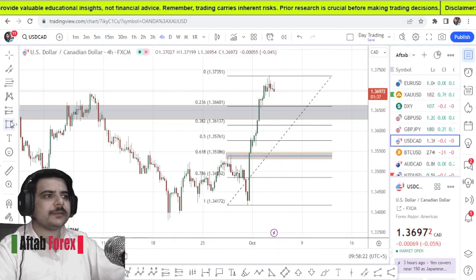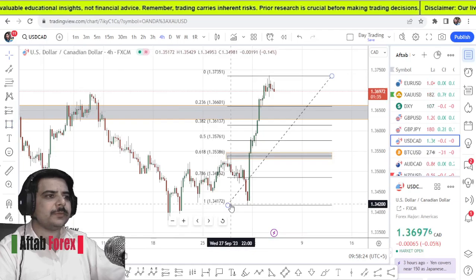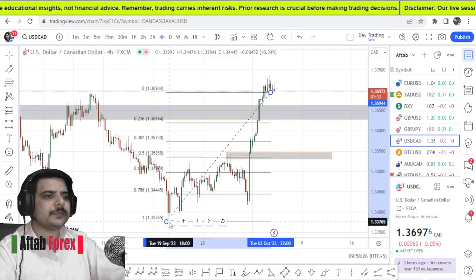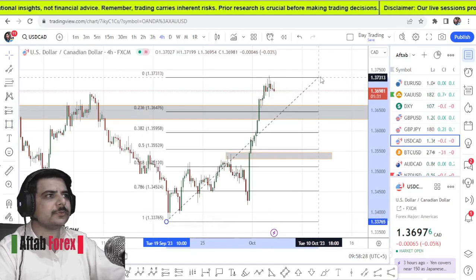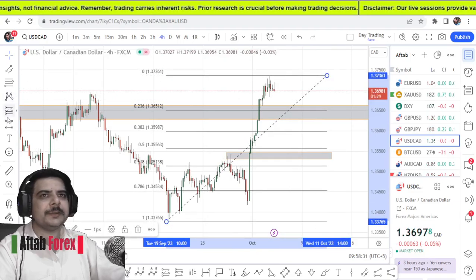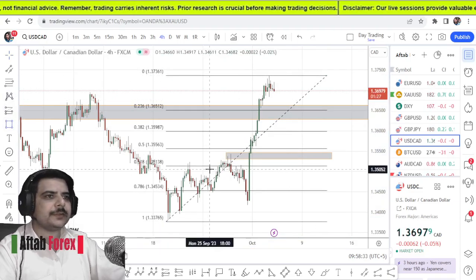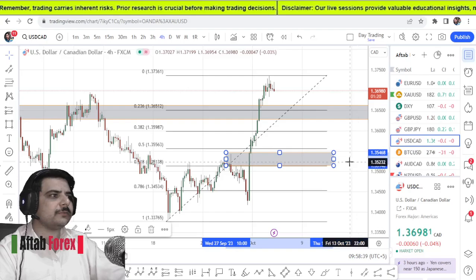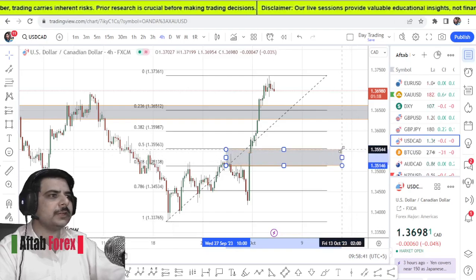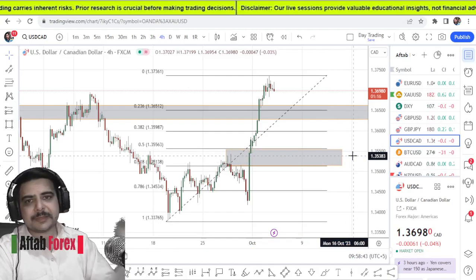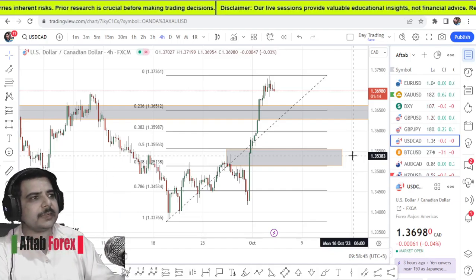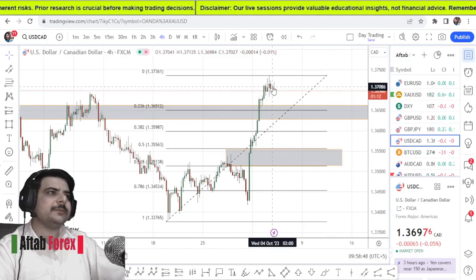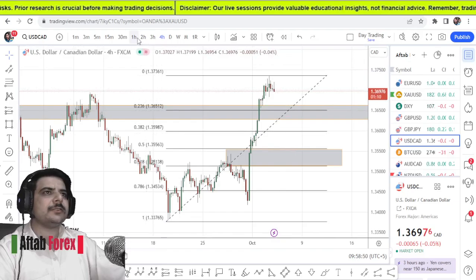And the other level will be obviously this one. So let me show you that, so those who have problems may understand it. Right here. Okay, so this whole area between 1.3546 and 1.3514 is going to be a good support, expected support, keeping aside the ADP non-farm data today. So at the moment it's showing a sell on the H1.